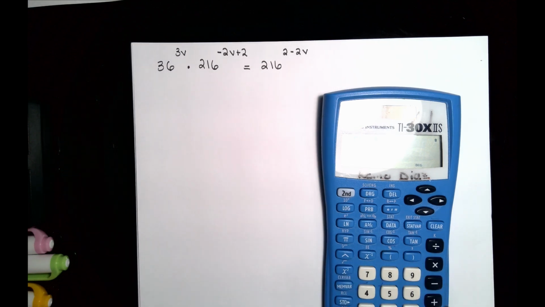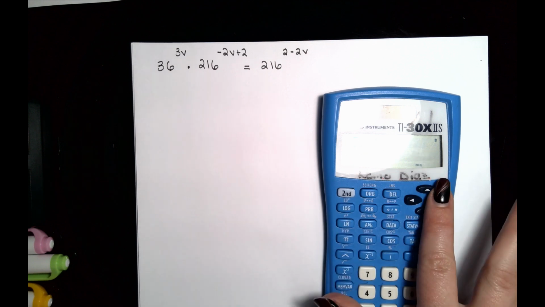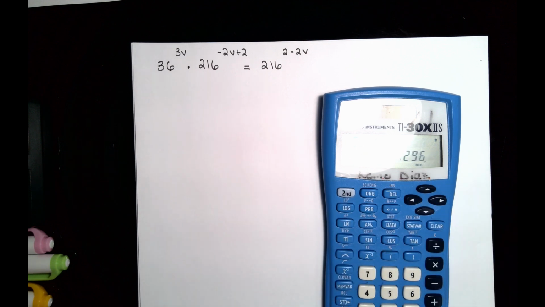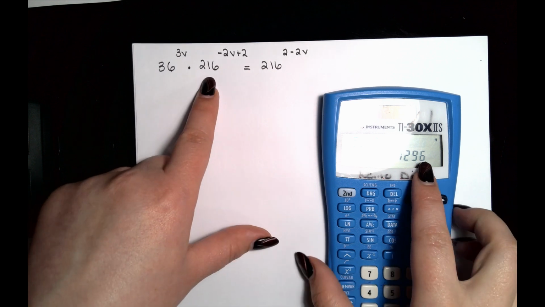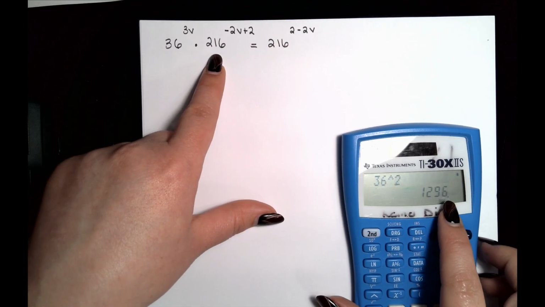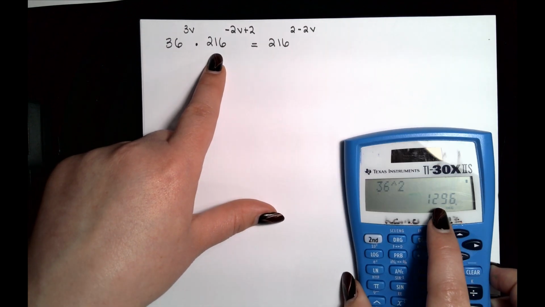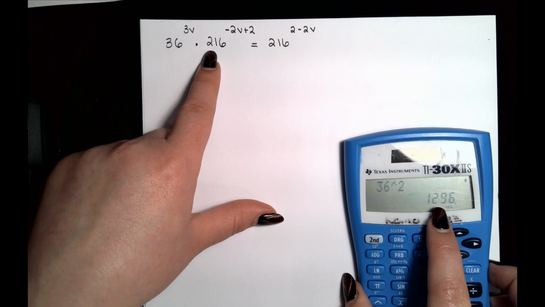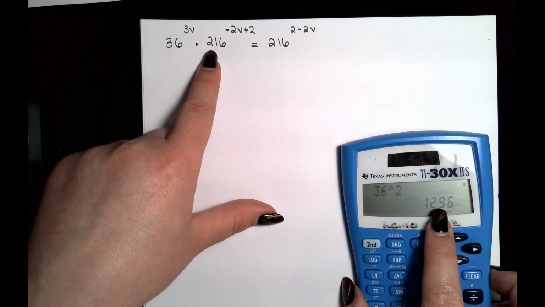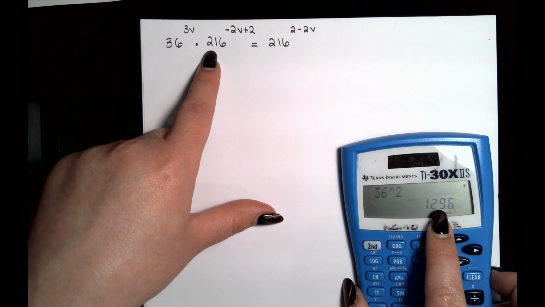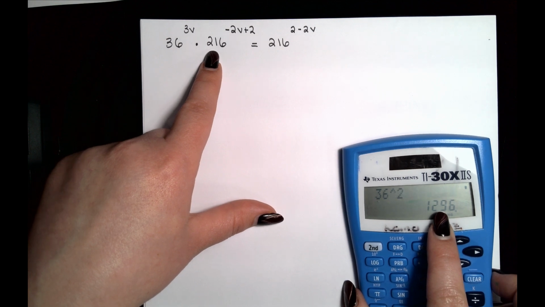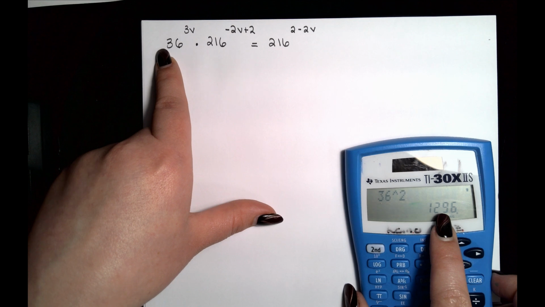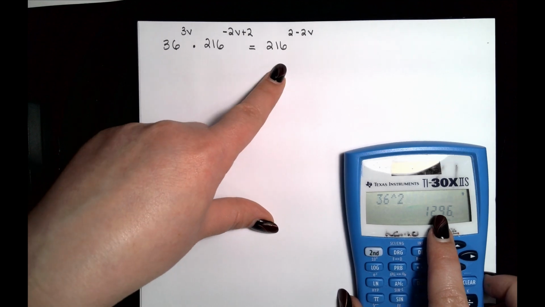So 36 caret 1, we're going to double check, make sure our calculator is working. Then I'm going to go up and change that to a 2 and see what happens. Notice that the calculator gives me a very large number and not 216. This is too big already. That means that no, we cannot create 216 from 36, meaning this is a level 4 question.